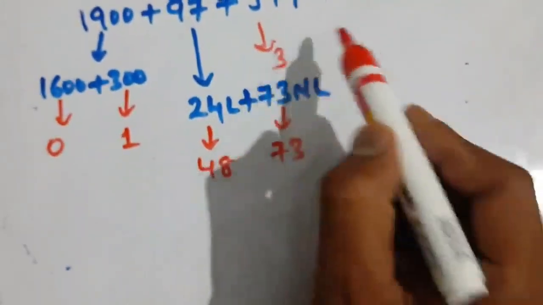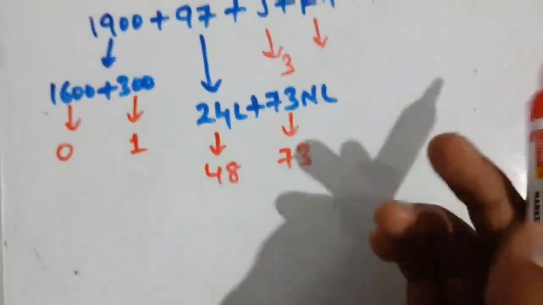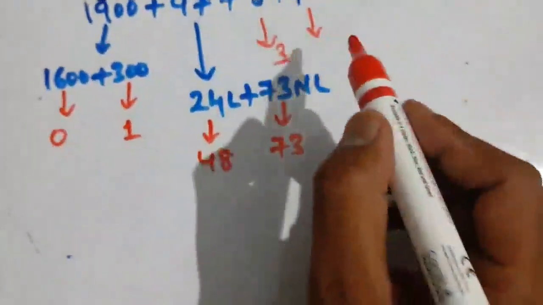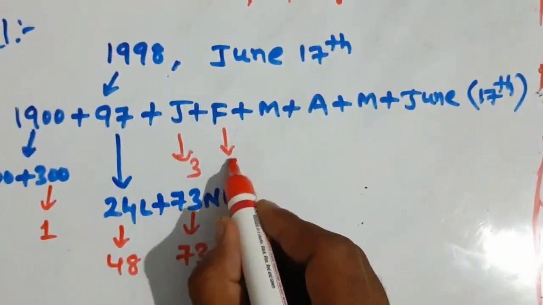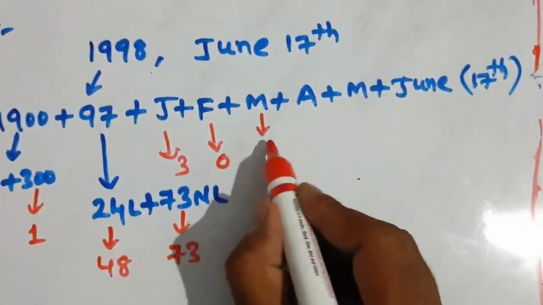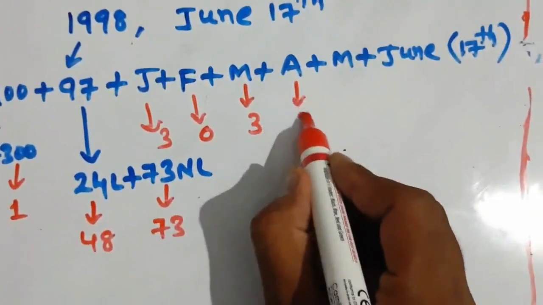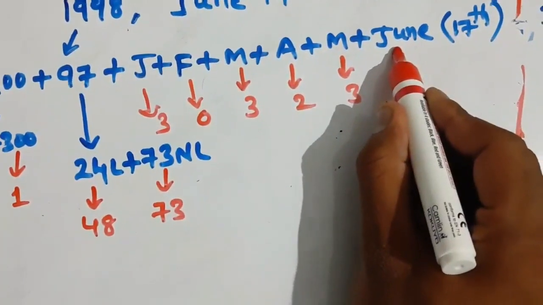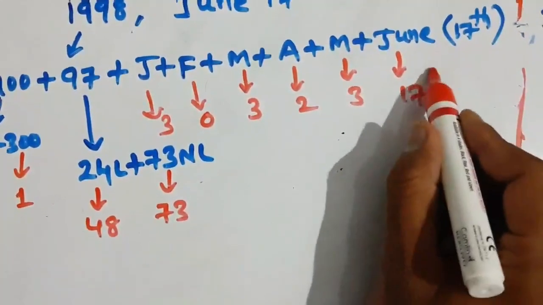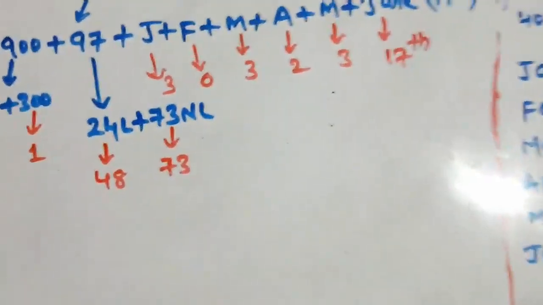January has 3 odd days. February, this 1998 year is not a leap year, so February has 28 days, so 0 odd days. March has 3 odd days, April has 2 odd days, May has 3 odd days, June till 17th.